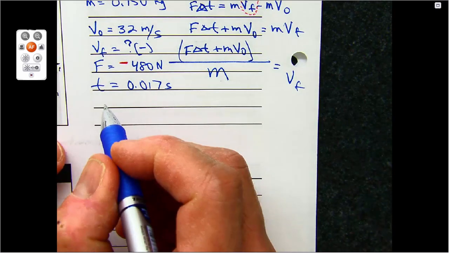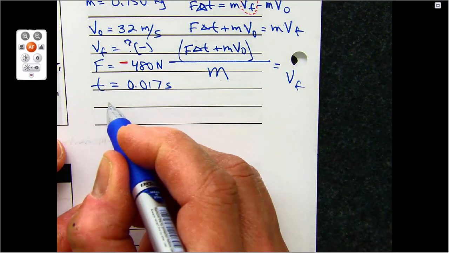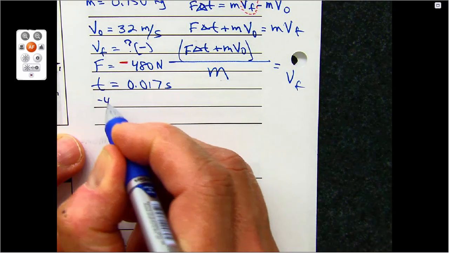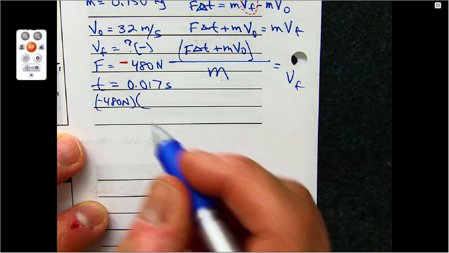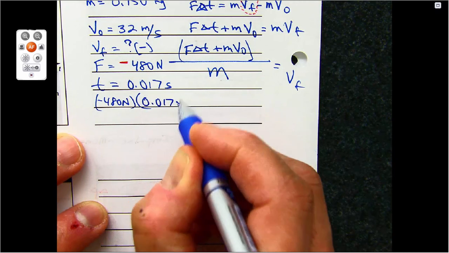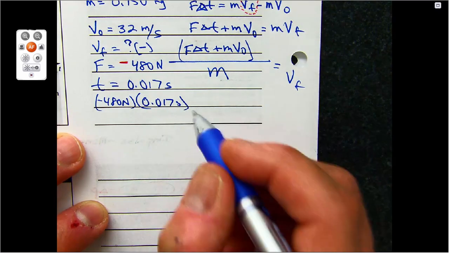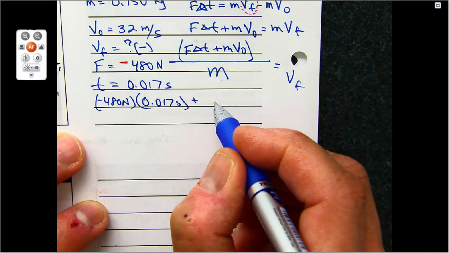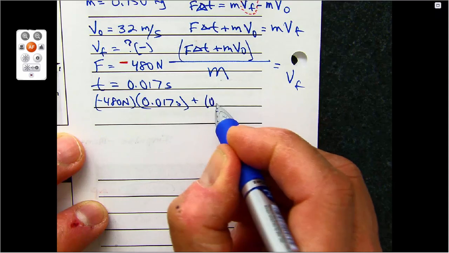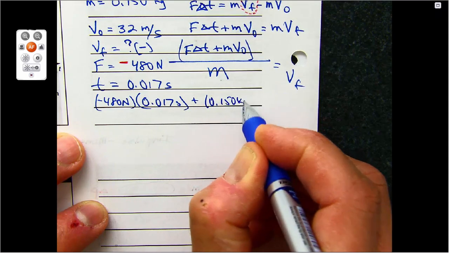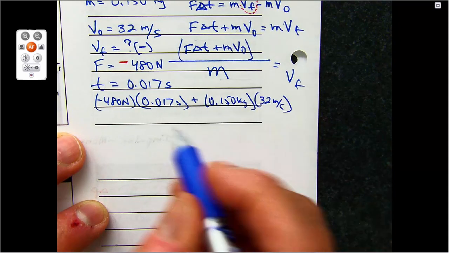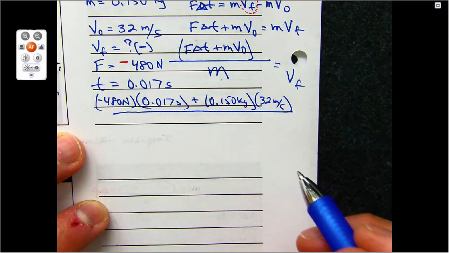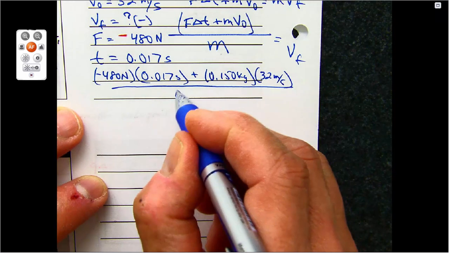So if we plug this in, we're going to have minus 480 newtons acting 0.017 seconds, all over my mass of 0.150.